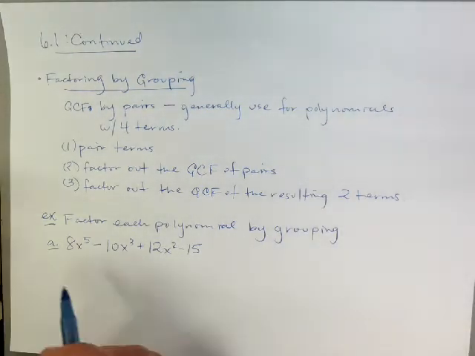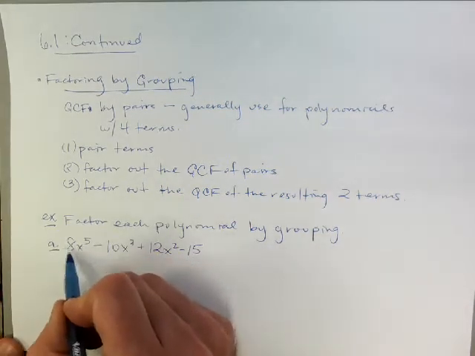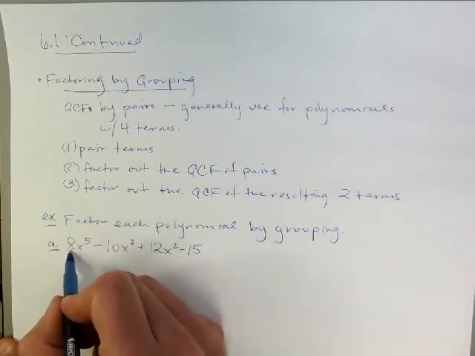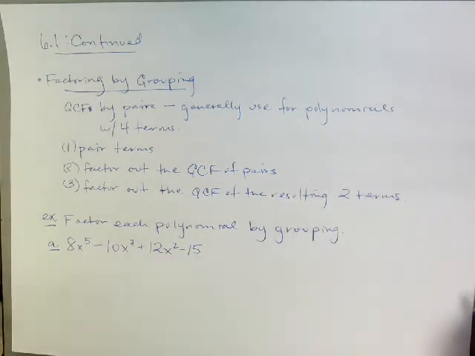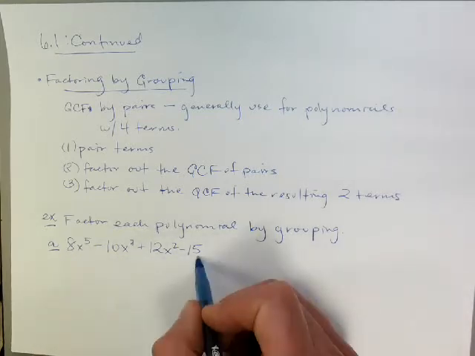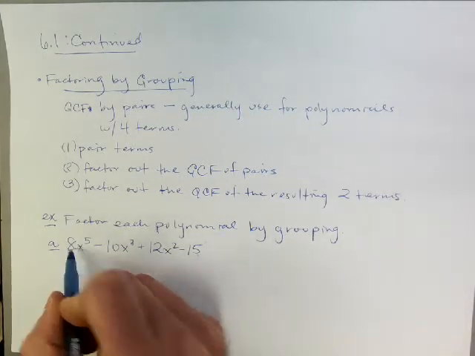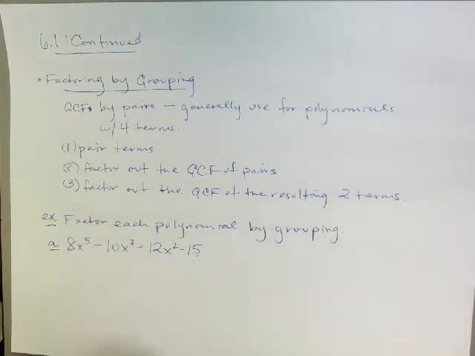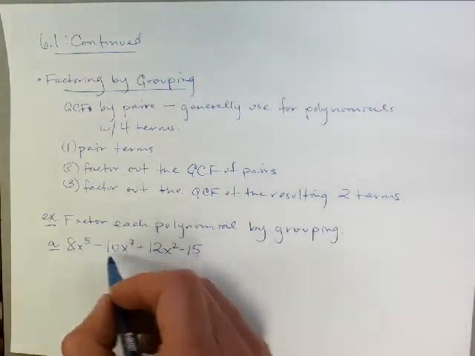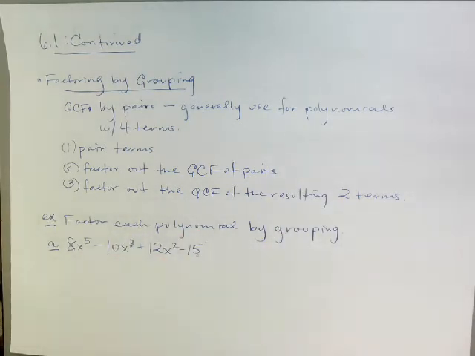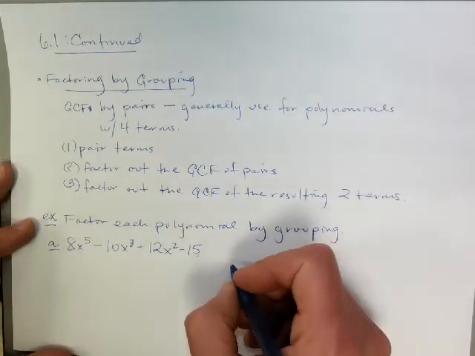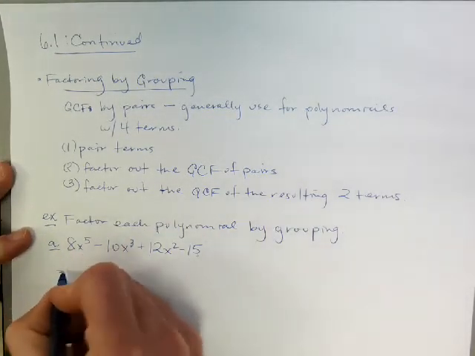So notice if we look for a GCF among all of these terms, well, okay, so 8 is divisible by 2. In fact, we have to have it divisible by 2. 15 is not divisible by 2, so we're not going to be able to get a GCF out of this. None of the factors of 8 divide 15. None of the factors of 15 divide 8. We also don't have any powers of x in this term, so we can't even get 1x out of there as a GCF. Okay, so what we want to do first, pair up your terms.